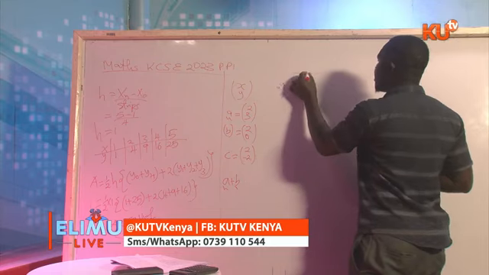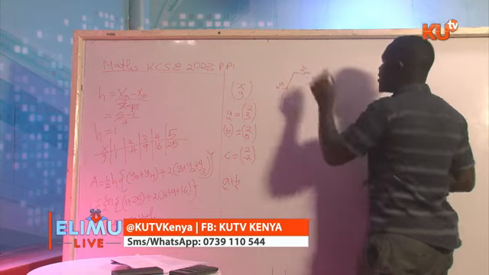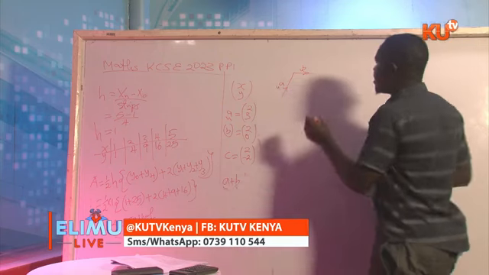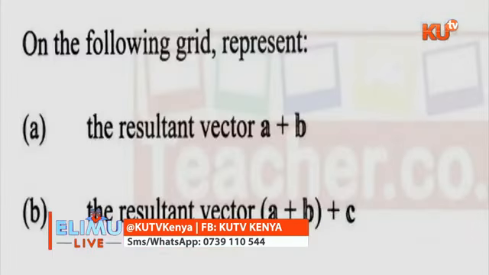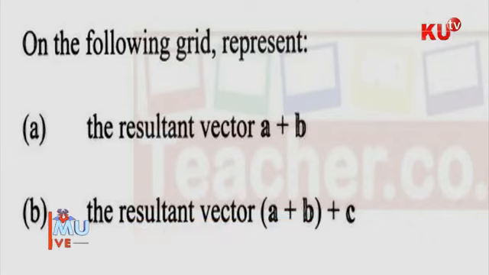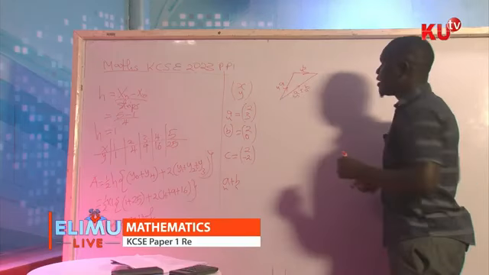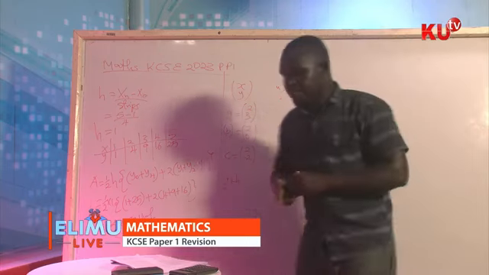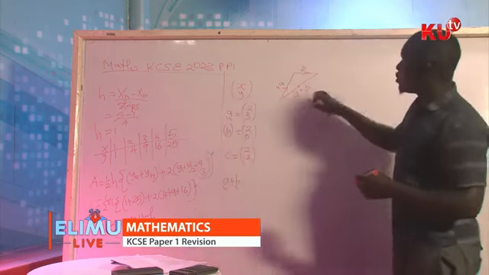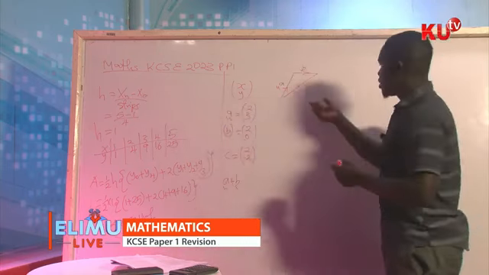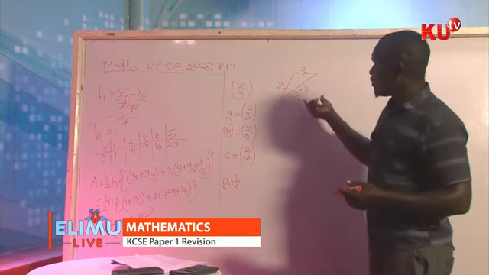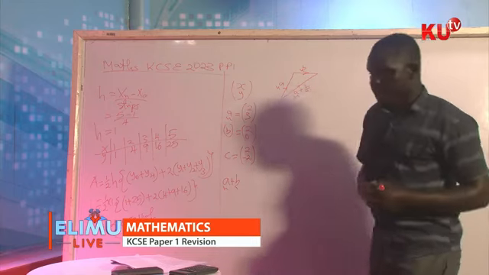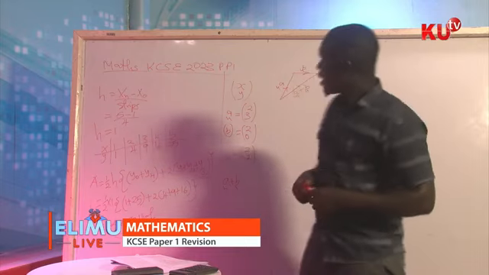So vector B will be this one here. Now they want A plus B. This one here is what they call vector A plus B. Because they say represent, you should draw something of this sort. After you've drawn it successfully, that is how it should appear.